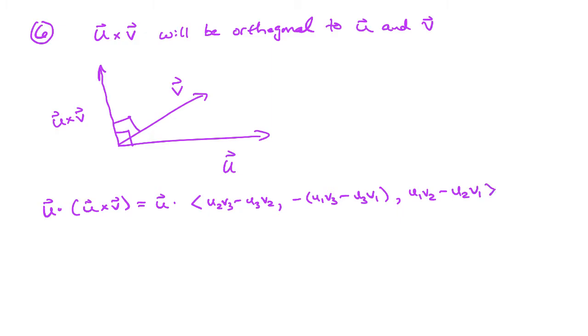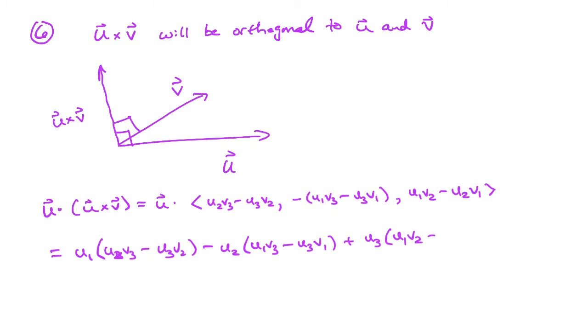If we dotted that with u, what we end up with then is u1 times u2 v3 minus u3 v2, minus, because our second component is going to be negative, u2 times u1 v3 minus u3 v1, and then finally u3 times u1 v2 minus u2 v1.